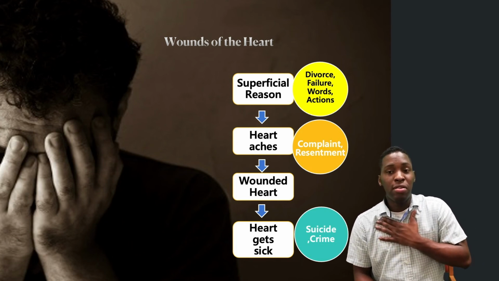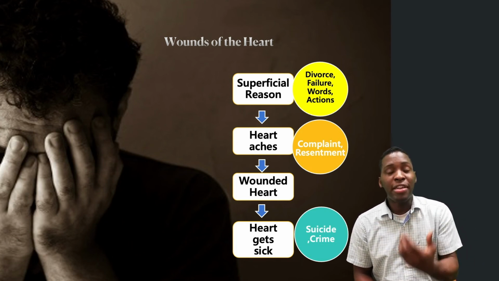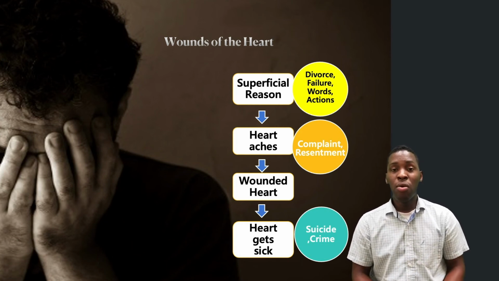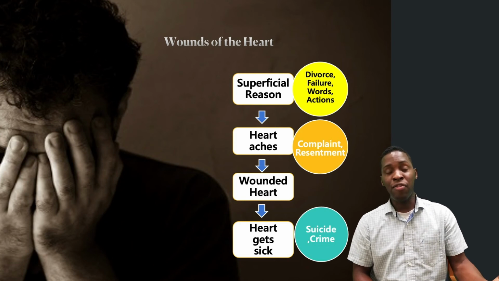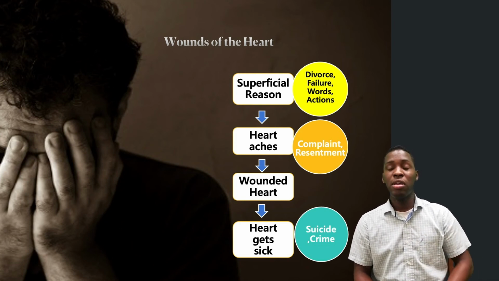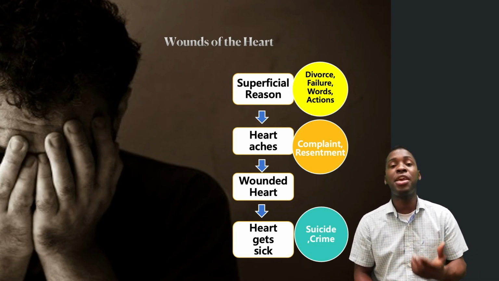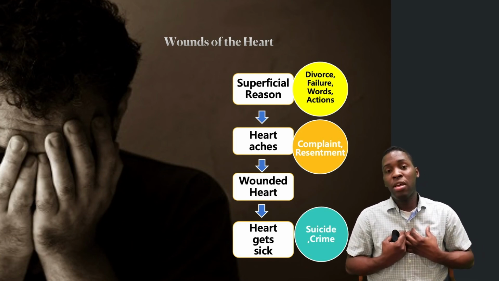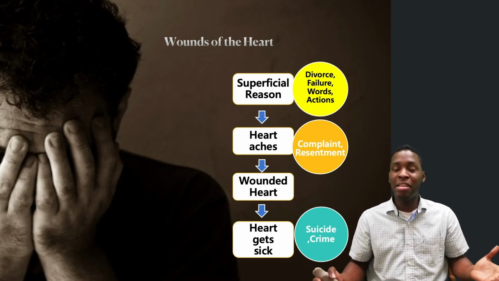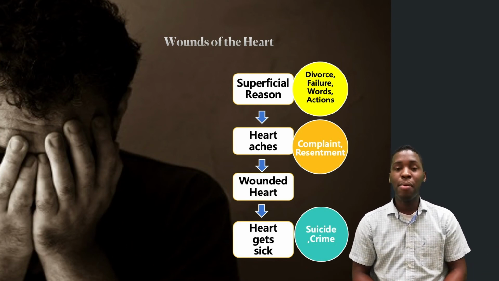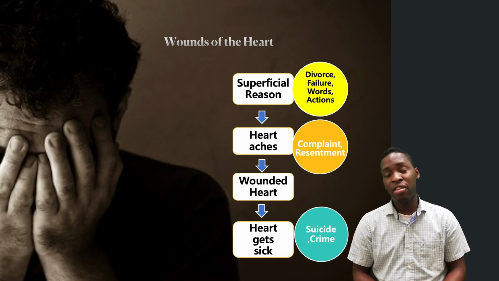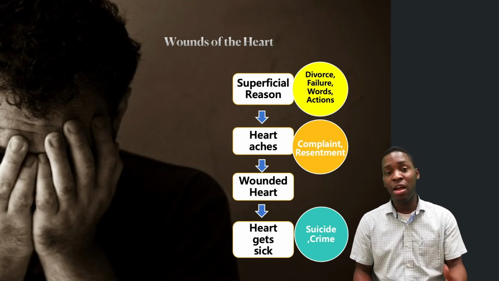When you're hurt, when you're wounded, it causes your heart to go into isolation, and that leads to different thoughts. That's why people end up committing suicide. People end up doing crimes that they regret, that they don't want to do. Why is that so? Are these superficial causes, these superficial reasons, the actual reason why people close their hearts? I want to say to you, not at all.